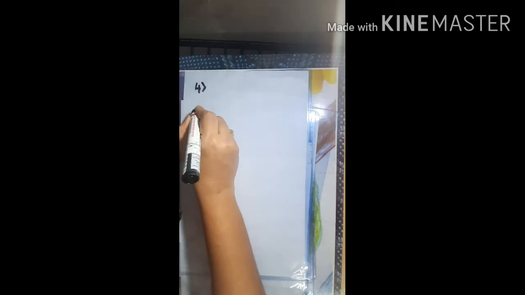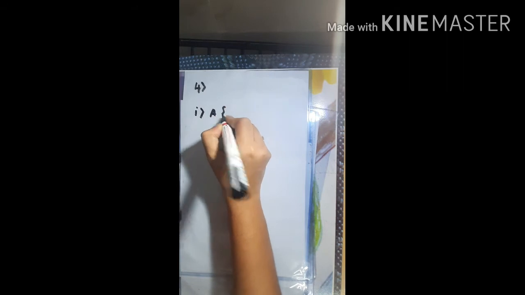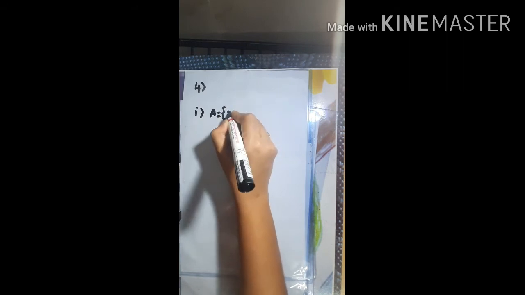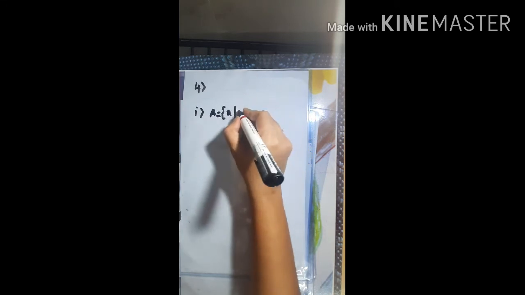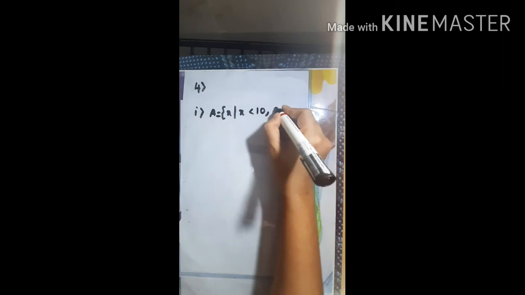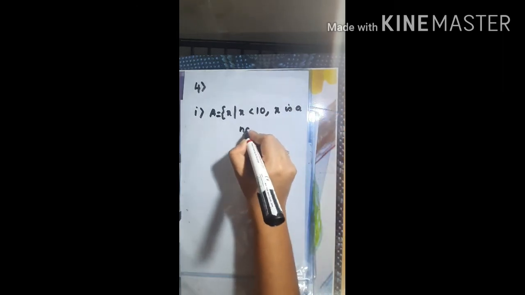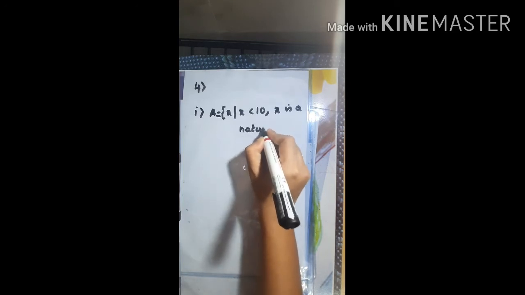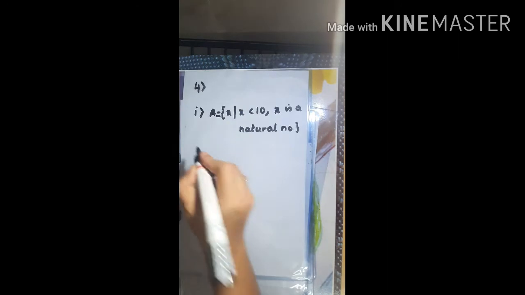Now, see the first one. A is a set of all x such that x is less than 10, x is a natural number.